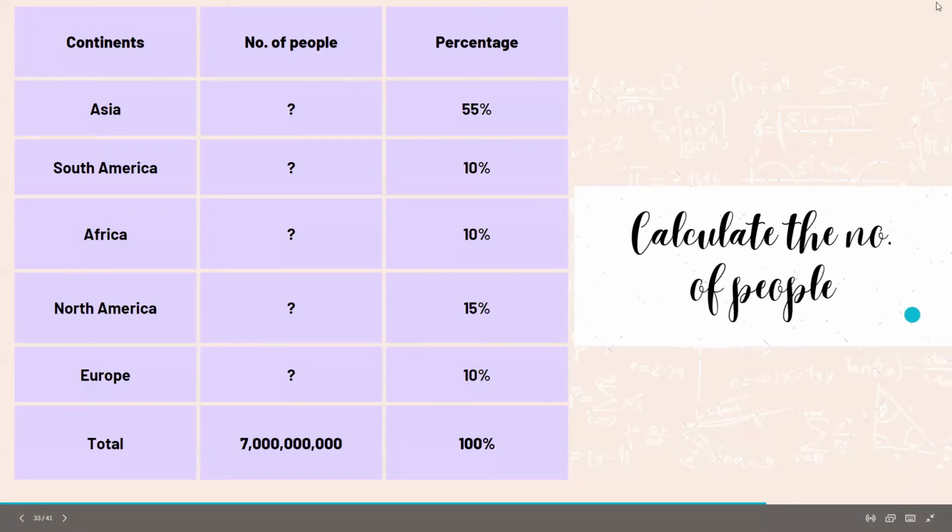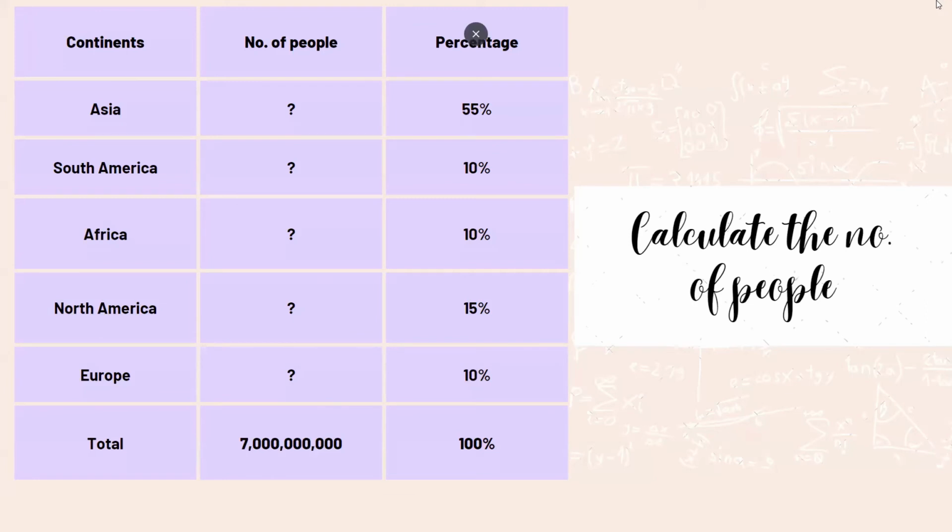The percentage of Asia is 55%, South America 10%, Africa 10%, North America 15%, and lastly Europe 10%, for a total of 100%. Lato will explain the solution again. Thank you.